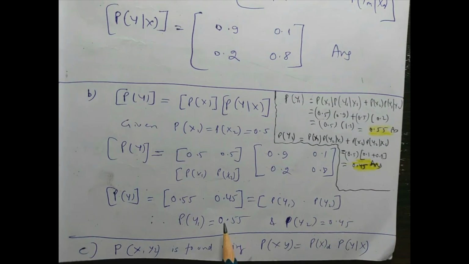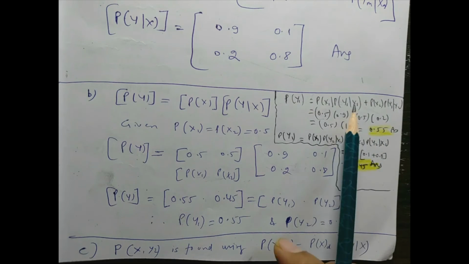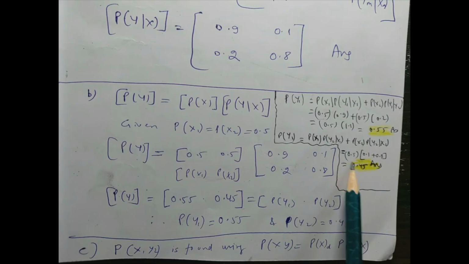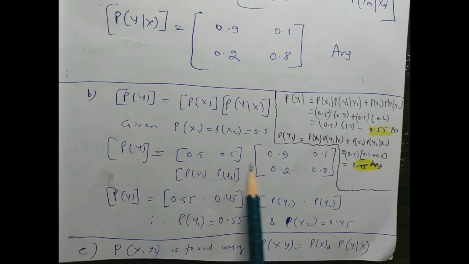Together you will get both answers, y1 and y2 individually, inside the matrix if you do general matrix multiplication. One method is this, the other method is this. Here you use the basic probability formula, and here you use the general matrix to get all possible answers and then pick out the answers that you want.